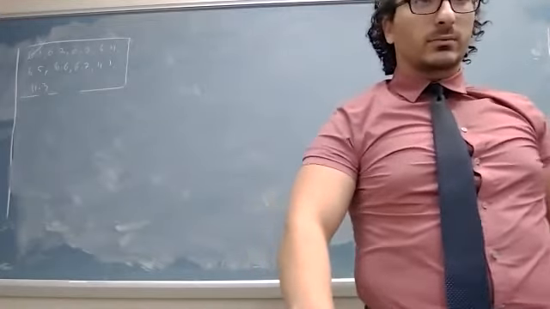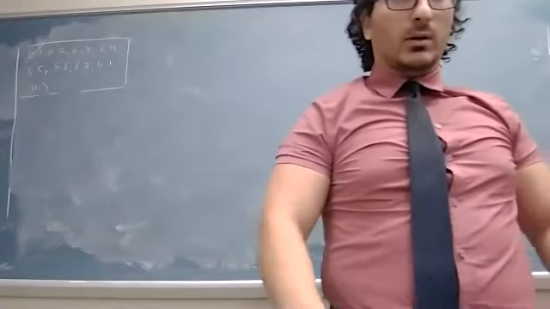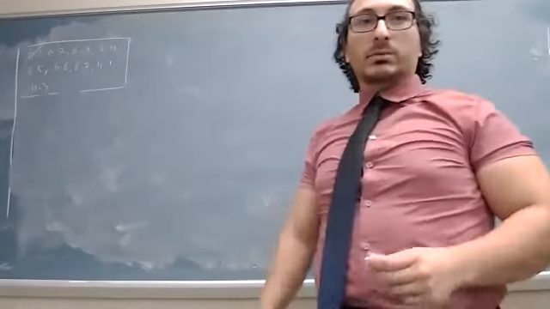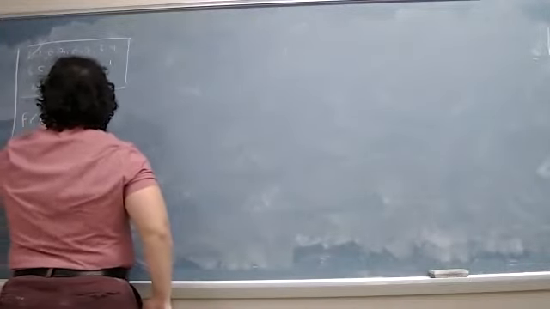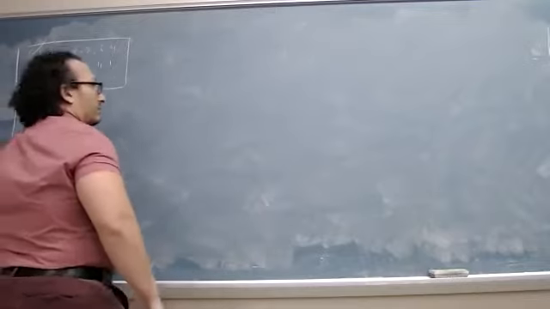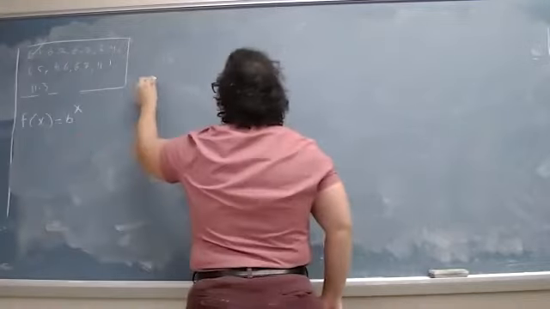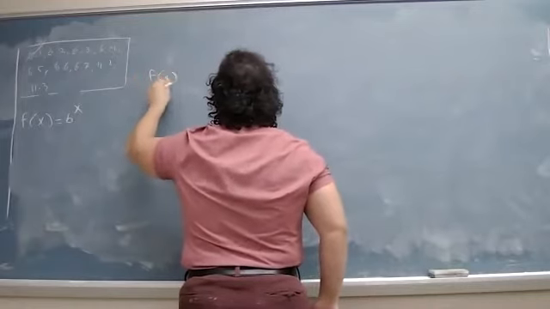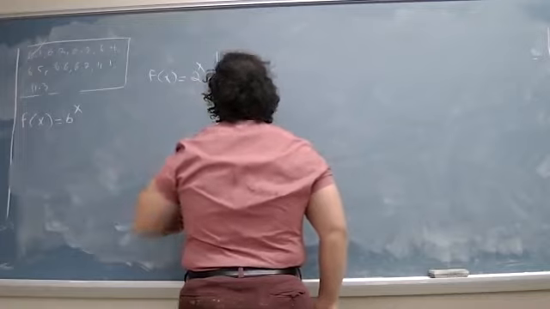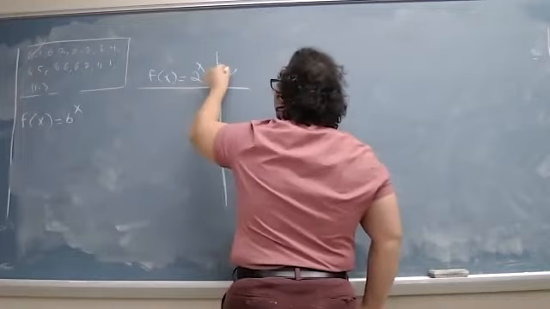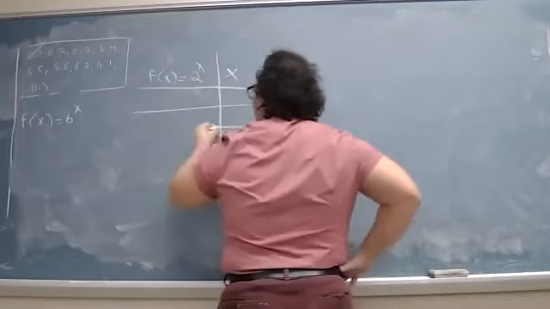Very easy. They're asking us to graph stuff. We know how to graph stuff. An exponential function of the form f of x is equal to b to the x. Let's graph, for instance, f of x is equal to 2 to the x and see what it looks like. Create an f of x table as usual.